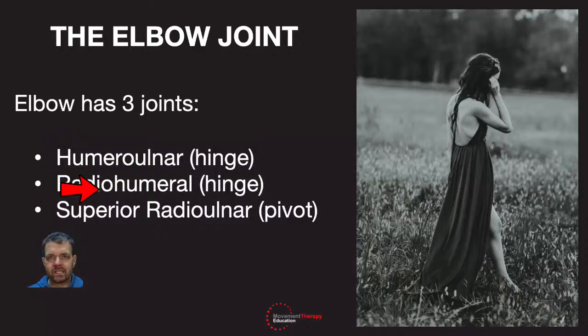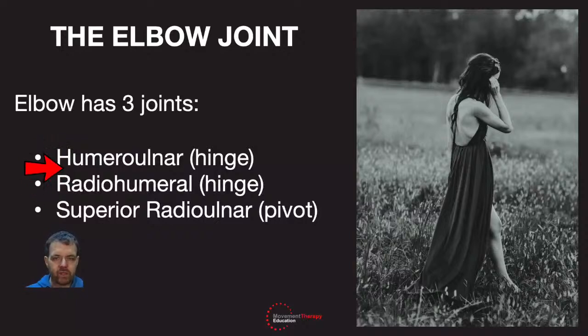So this is the radius bone and the humerus bone joining together, and both of those form a hinge. So that's where you get your flexion and extension from. So bringing the elbow in is flexion, extending the elbow is extension, and those movements are brought about obviously by the muscles that act over these joints.